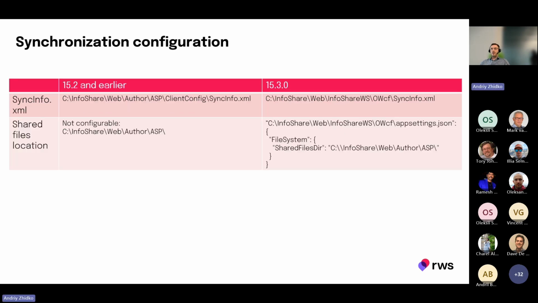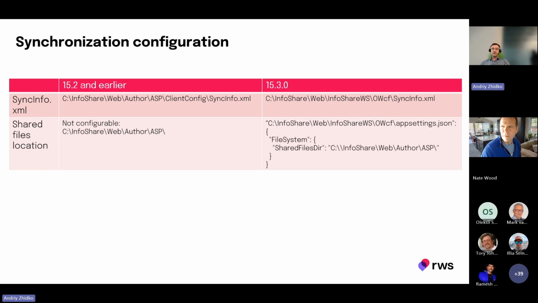Now let's also cover sync info, which is used for hosting the configuration for files that require synchronization between the client and the server. Previously, the sync info XML file was stored in the legacy HCM application under the Author ASP client config.